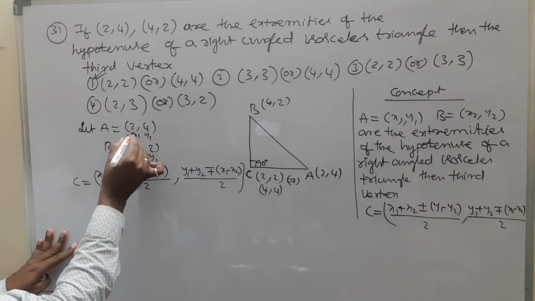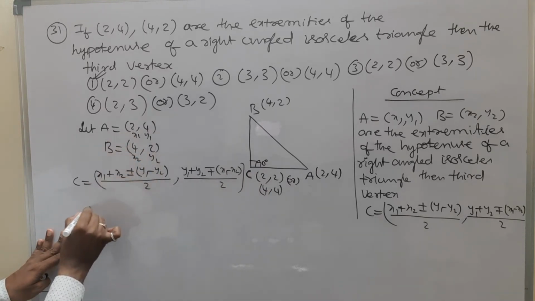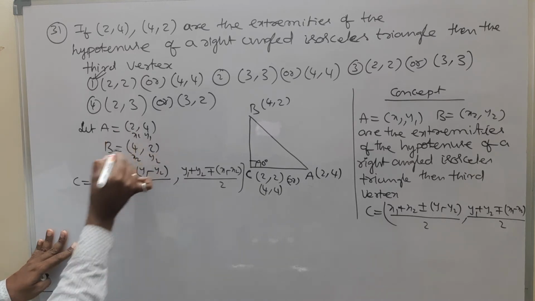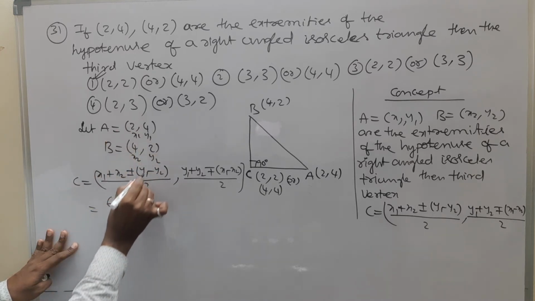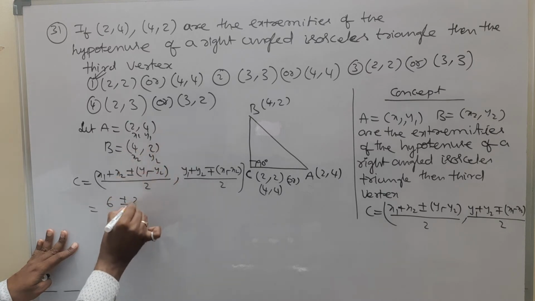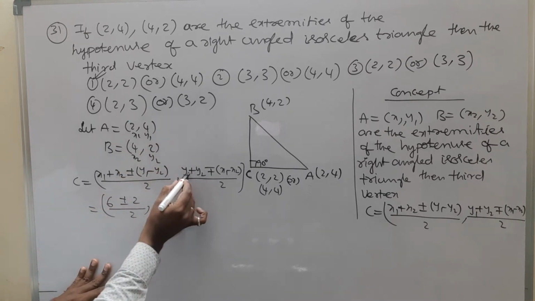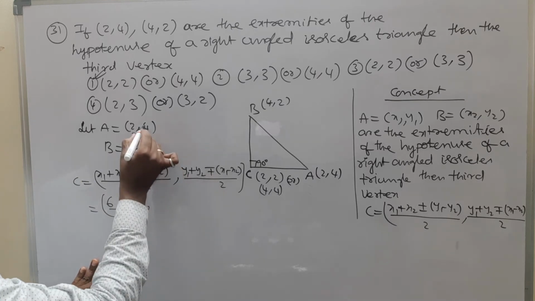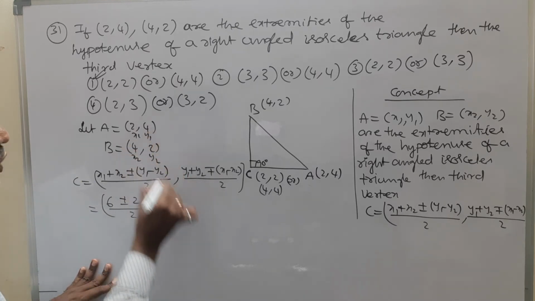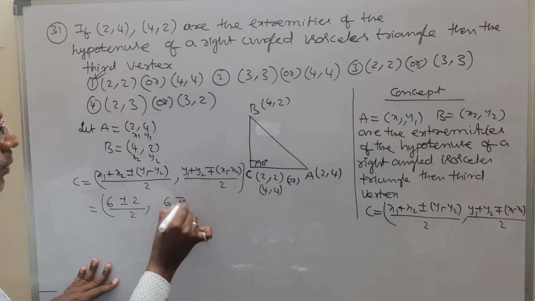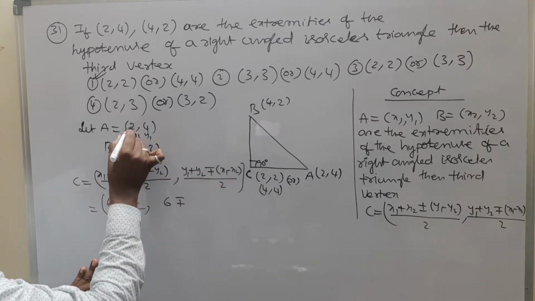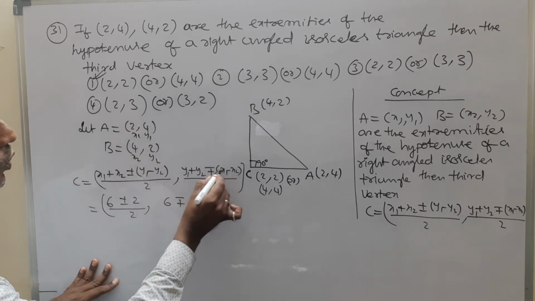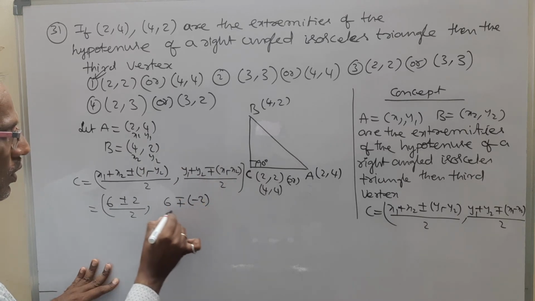Here x1 plus x2, 2 plus 4, 6, plus or minus y1 minus y2, 4 minus 2, 2, by 2. Comma, y1 plus y2, 4 plus 2, 6, minus or plus x1 minus x2, 2 minus 4, minus 2, by 2.